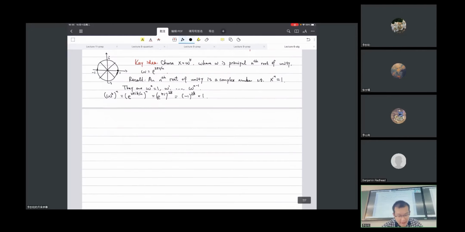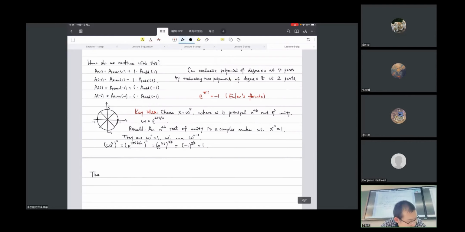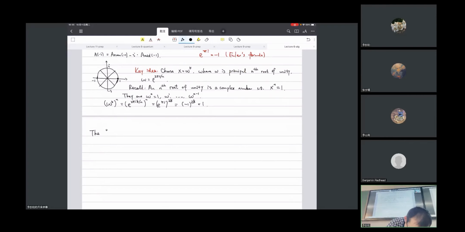Okay, so here we have this notation for the nth root of unity. Similarly, because we are considering cases of smaller dimensions, we consider instances of dimension n over 2. So we can also consider the n over 2th roots of unity.